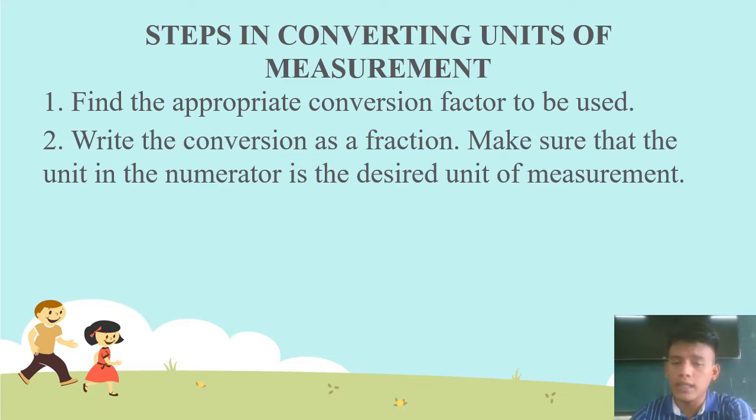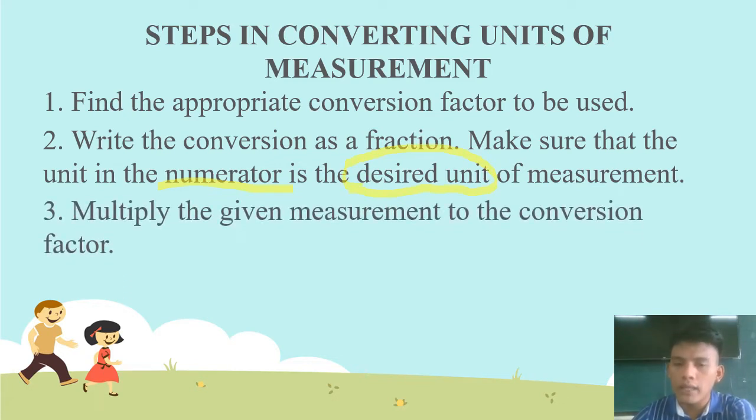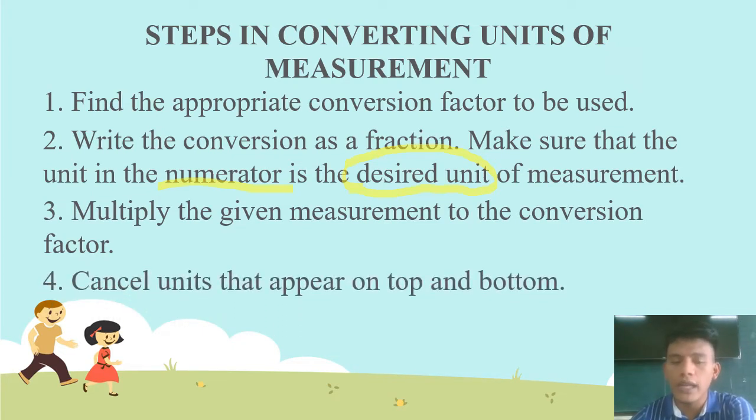Make sure that the unit in the numerator is the desired unit of the measurement. Step 3. Multiply the given measurement by the conversion factor. Step 4. Cancel units. We need to cancel out the units, top and bottom, meaning the numerator and denominator.